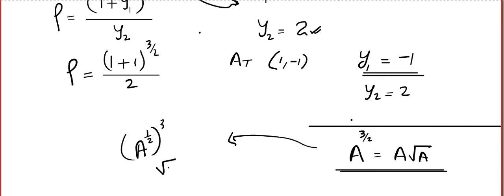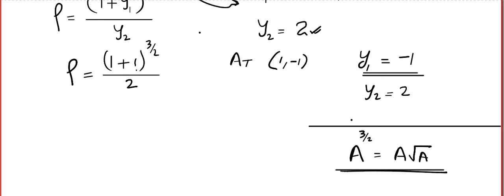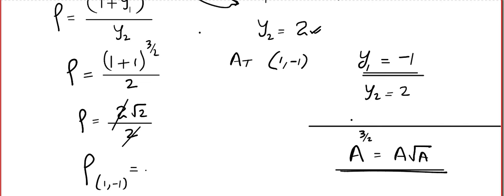And that is actually root a the whole cube. And that means root a into root a into root a, that gives you a root a. Okay, so we have 2 to the power 3 by 2, that will be 2 root 2, divided by 2. So what is the radius of curvature at 1 comma minus 1? Root 2.